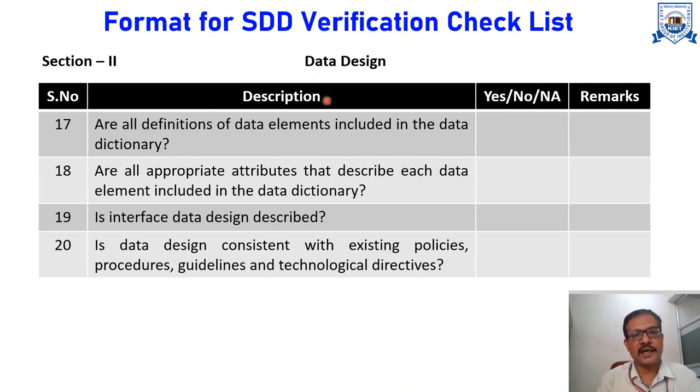Under data design, the questions may be: are all the definitions of data elements included in the data dictionary? Are all appropriate attributes that describe each data element included in the data dictionary? Is interface data design described? Is data design consistent with existing policies, procedures, guidelines, and technological directives?